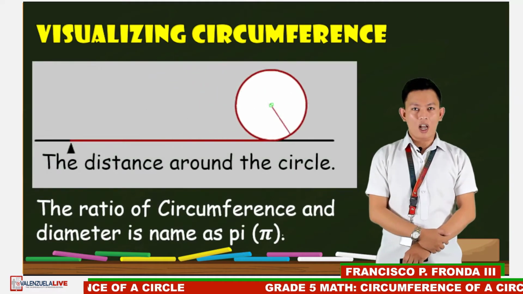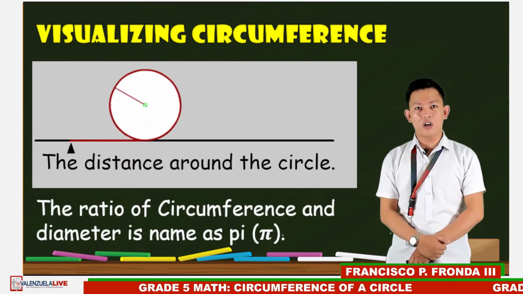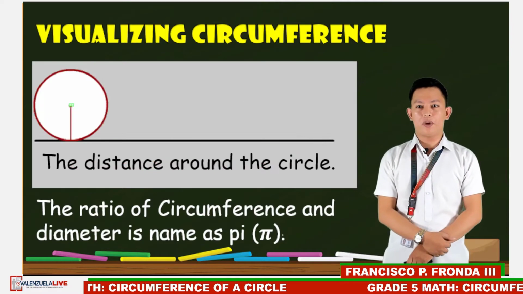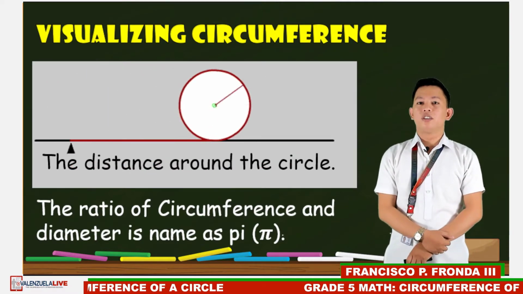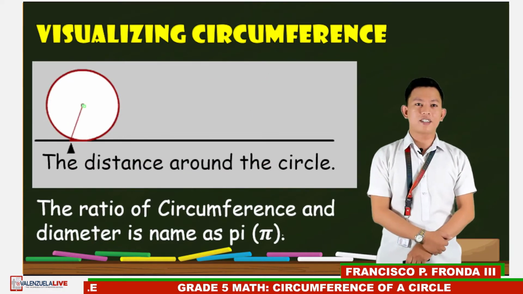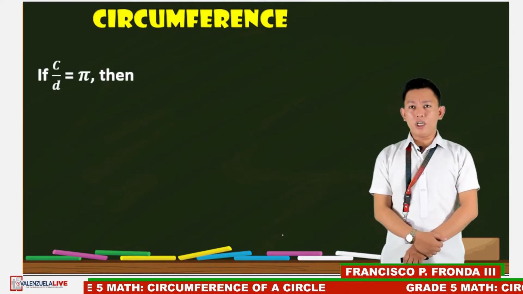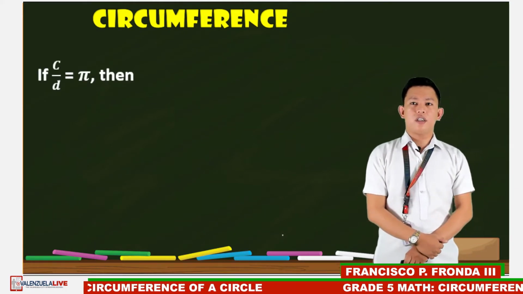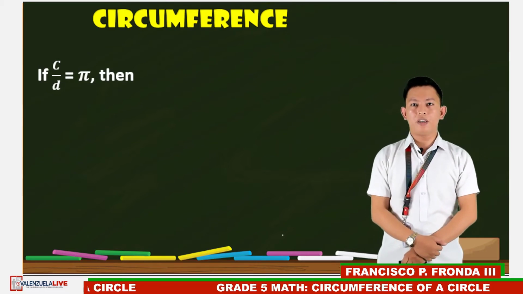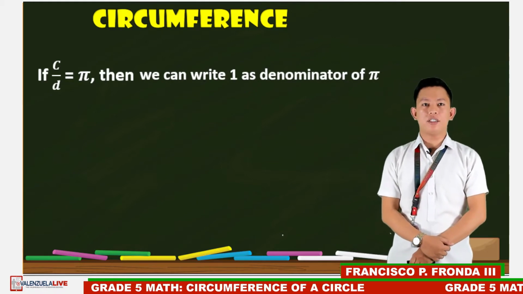Now, as you can see in the illustration, this would be the distance around the circle. That is the definition of the circumference. Meaning to say, the ratio of the circumference and its diameter is named pi. Now, if the circumference divided by the diameter is equal to pi, then we can rewrite pi with 1 as a denominator.